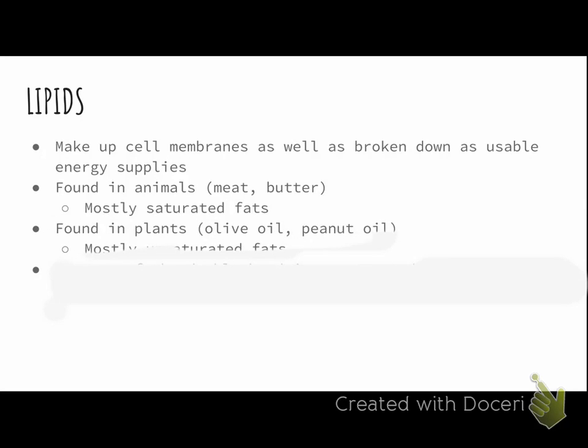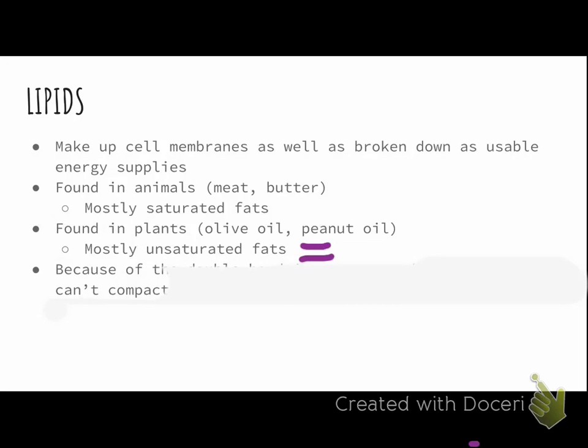And then in plants, you would find it in things like olive oil, peanut oil, any of your oils that are plant-based. And these are mostly unsaturated fats. So remember that these are going to have the double bond in them.